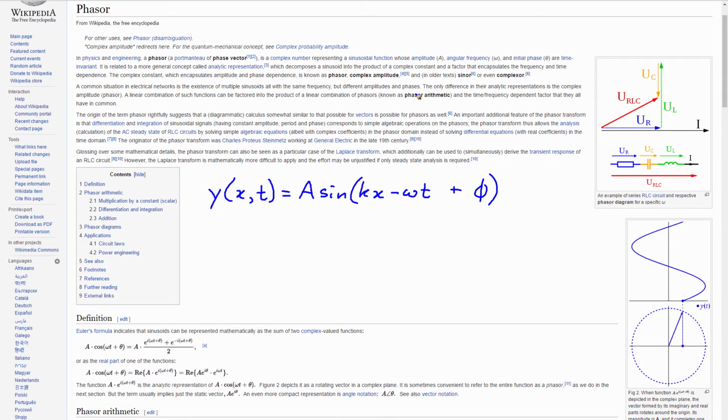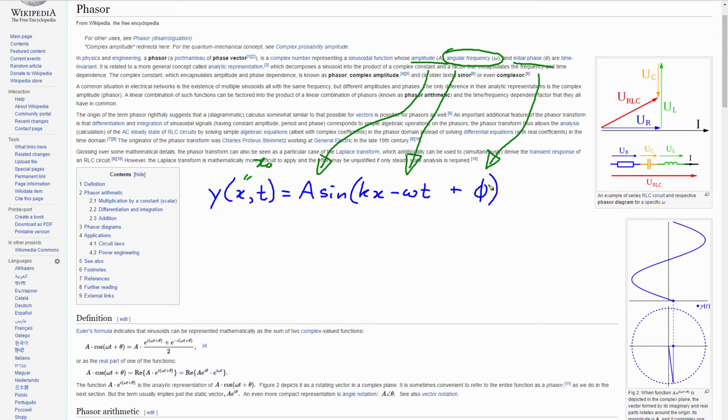Essentially, the phasor representation of this would be at a certain, say, fixed value of x, so x is equal to x naught. The angular frequency that they talk about here, omega, is the same angular frequency that we're talking about. The amplitude is the same amplitude that we're used to talking about. And the initial phase, Wikipedia is using theta, and in my classes, I'd always use phi, but it's the same as the phase constant, the initial phase.